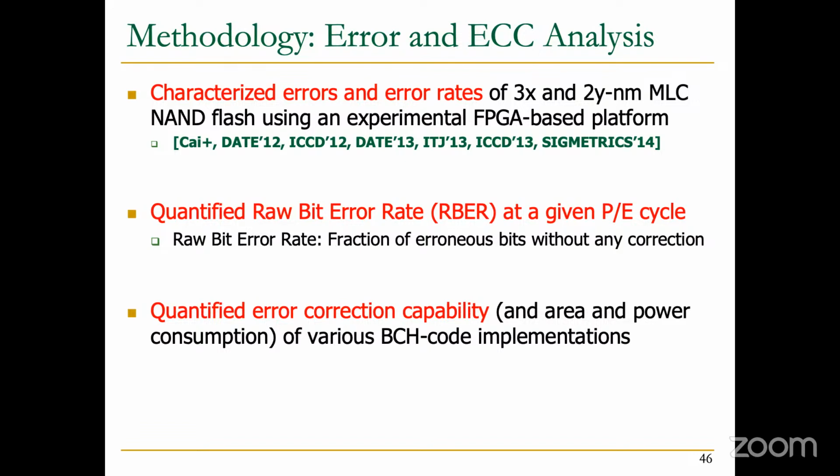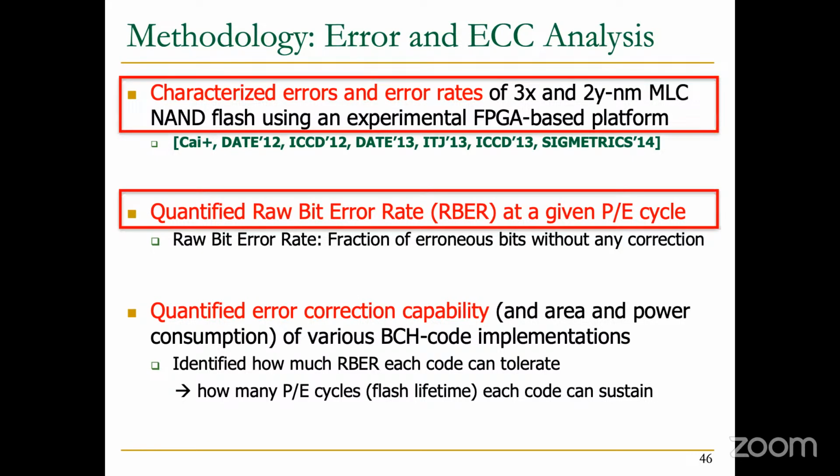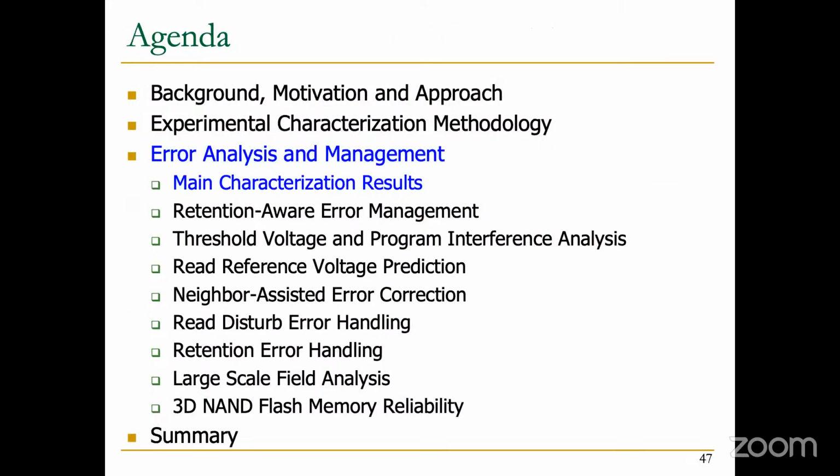And in the end, hopefully, you will reach an uncorrectable bit error rate of less than 10 to the power minus 15. But in order to achieve that, you need to make sure that your raw bit error rate, which is the input to the ECC, is less than something. Otherwise, you cannot do it. So we're going to focus mostly on the characterization and this quantified raw bit error rate.